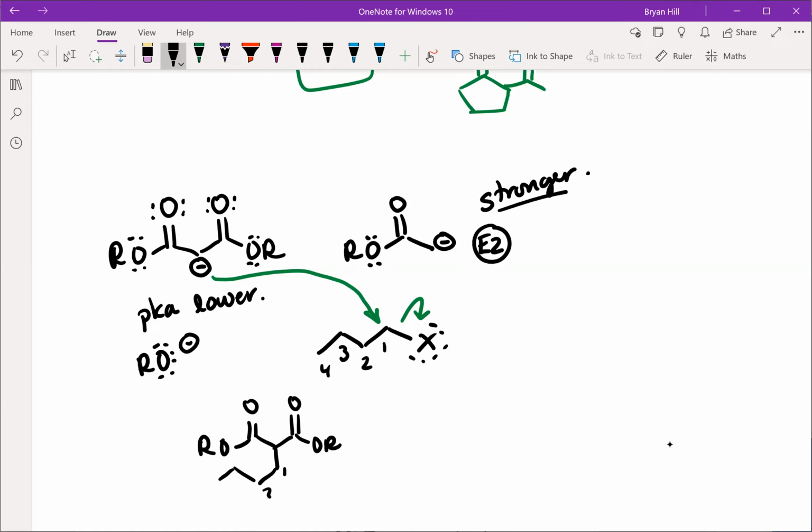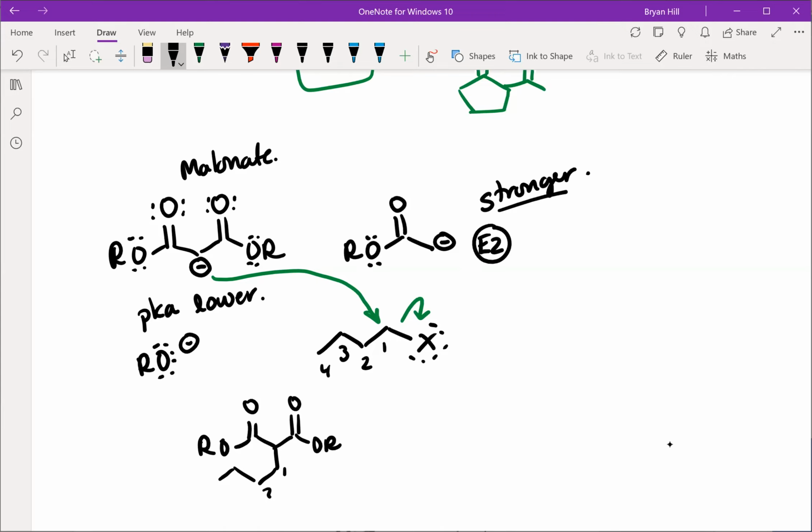As opposed to the malonate, which because it's stabilized, you can run these reactions at 0 degrees or even room temperature, which is what we're doing. I think even some reactions, they actually heat them up. So the malonates here are more useful, easier to work with, and all that sort of stuff.